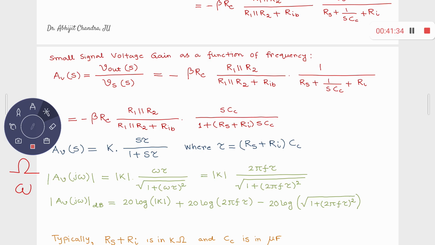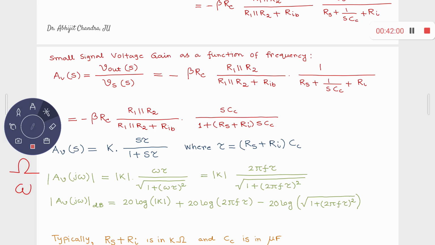Why logarithmic scale? Why is log important? Whenever the range of your input is very large, suppose from a fractional value like 0.5 to say 5000, or say minimum value equal to 10 Hz and maximum value equal to 10 megahertz or 100 megahertz, is it possible for you to represent this entire thing on a linear graph paper?